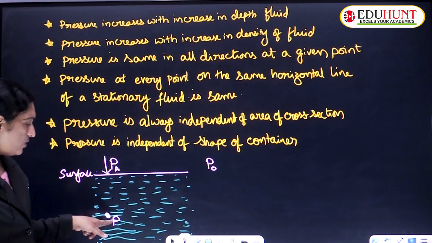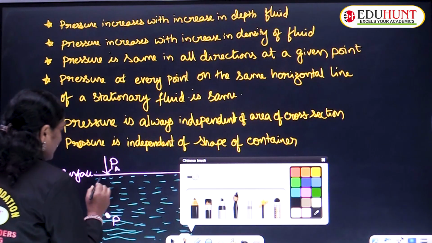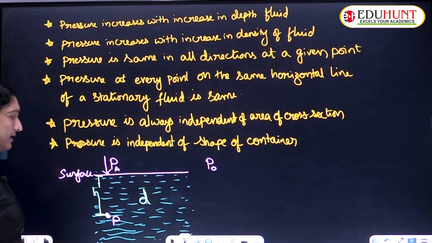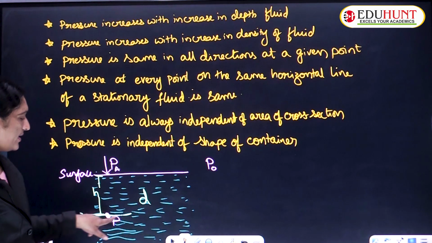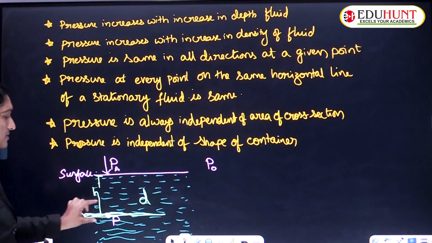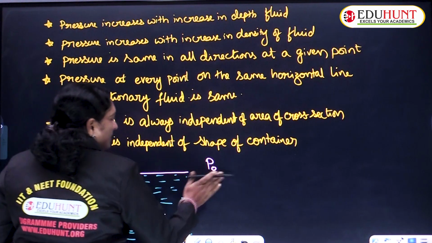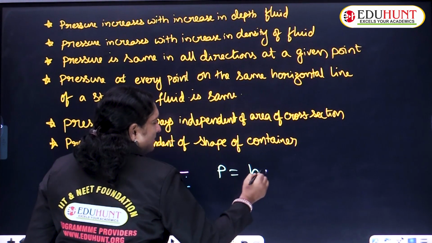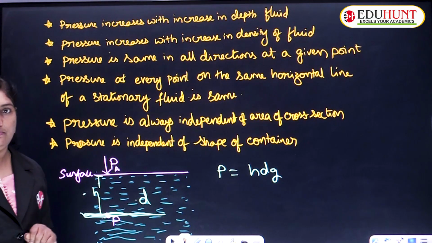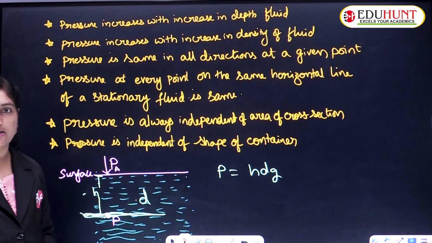If you want to find the pressure at some depth, let us suppose the depth be H, and if liquid density is D, then what is the pressure at this point, children? On this horizontal line, everywhere pressure is P. Generally pressure at any point P is given as hdg, where h indicates the depth, d the density and g the acceleration due to gravity.